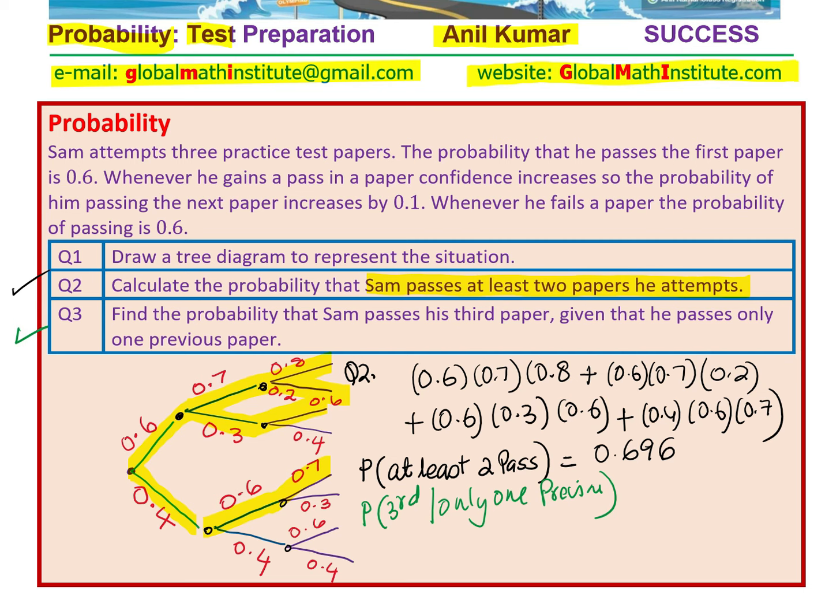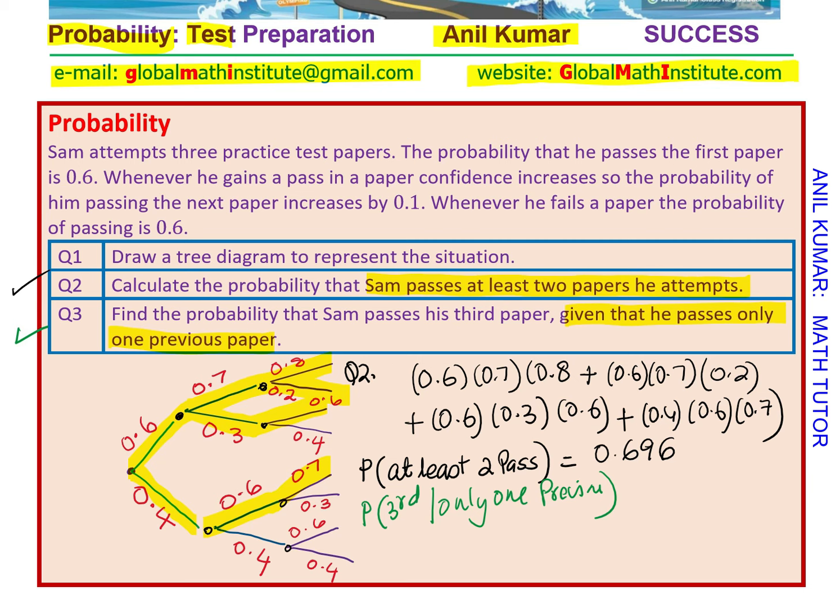Now, in a conditional probability case, we have to see what is the domain. So we are saying the probability that Sam passes his third paper, given that he passes only one previous paper. So now, if he passes only one previous paper, what could be the conditions?